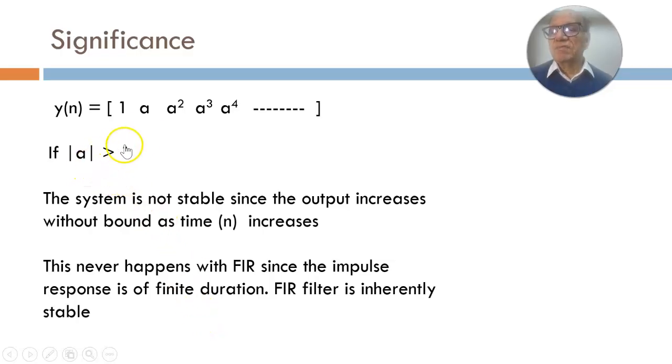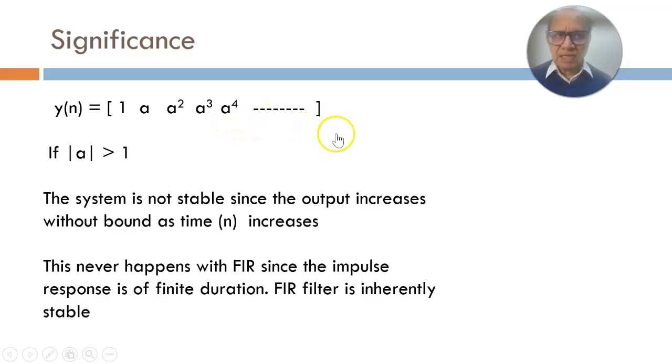Of course, if mod of a is less than 1, then the IIR filter also will be stable, because the output will not increase without bound. For example, if this is 0.5, then this will be 0.5 squared, 0.25, then this will be 0.5 cube. So this goes on decreasing as n increases.